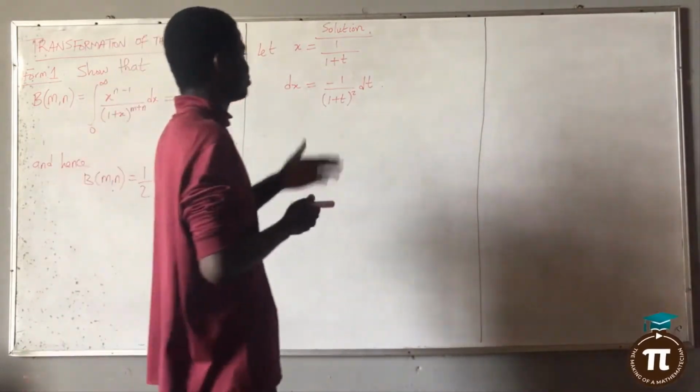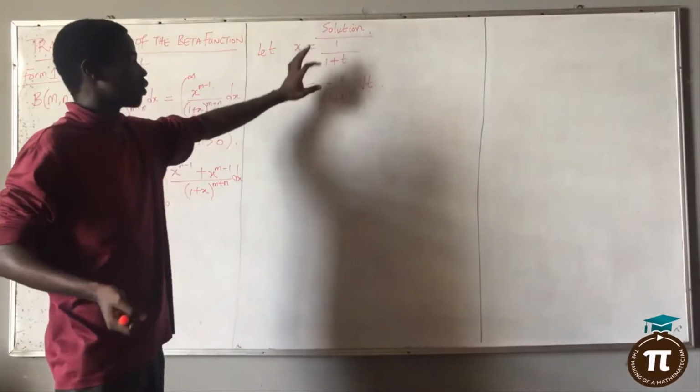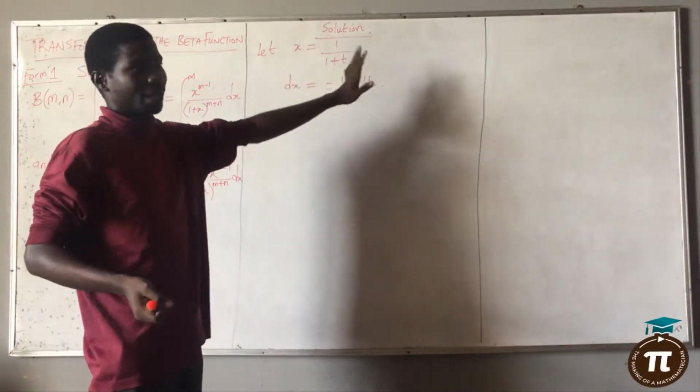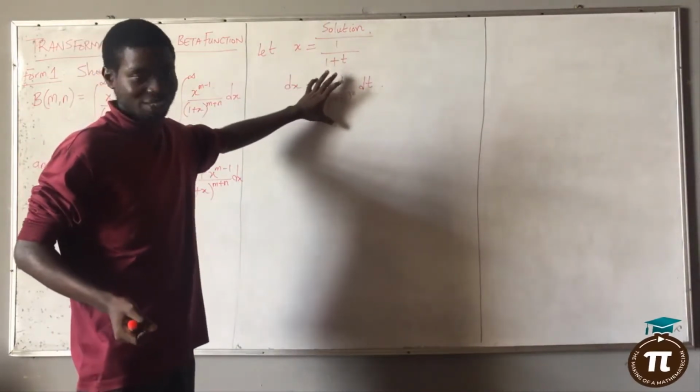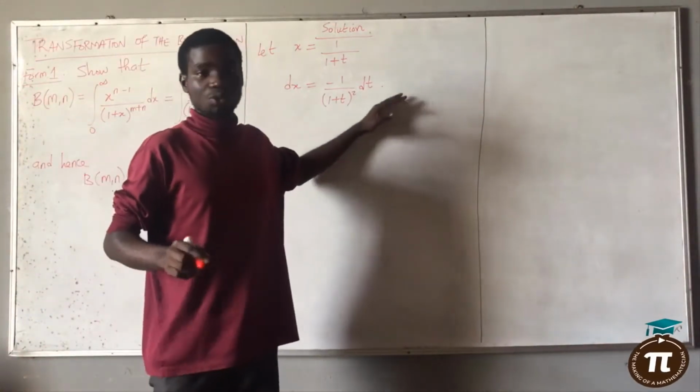If you use the chain rule, you let u be 1 plus t, you will get minus 1 over u squared multiplied by 1, which is this. So now this is the substitution we are going to have.